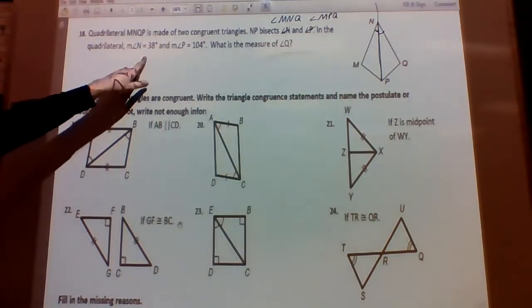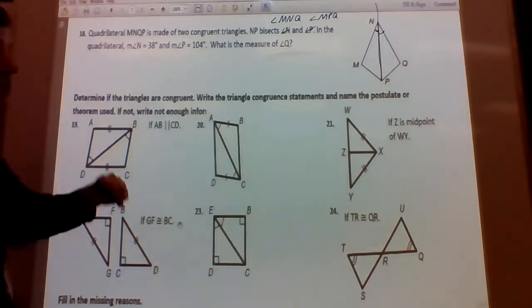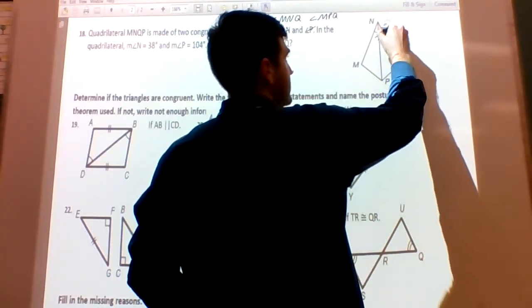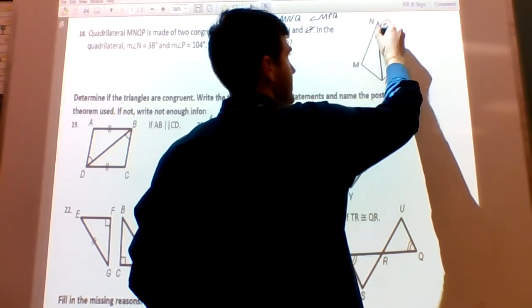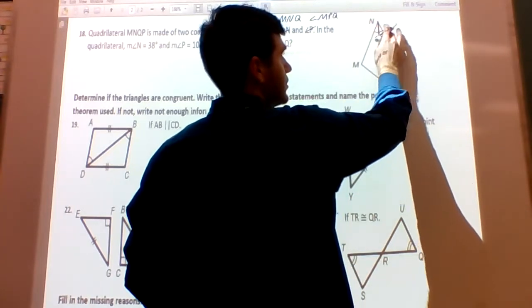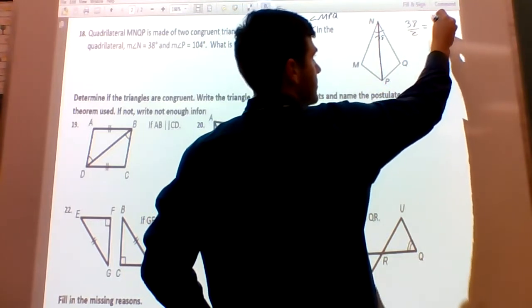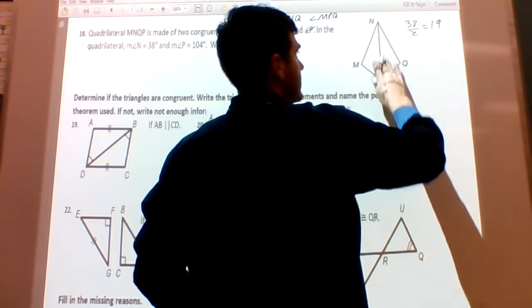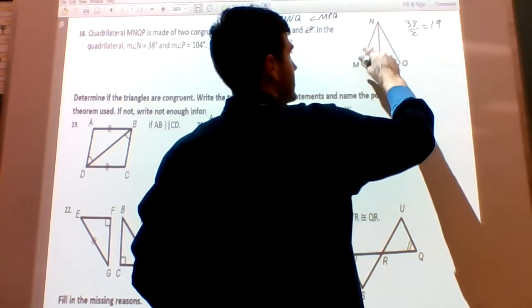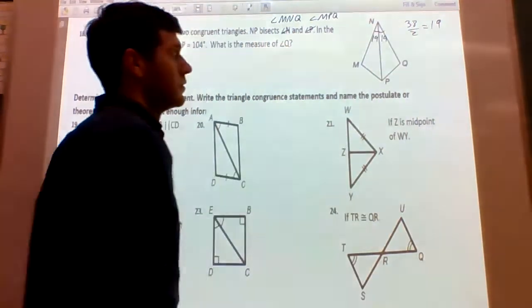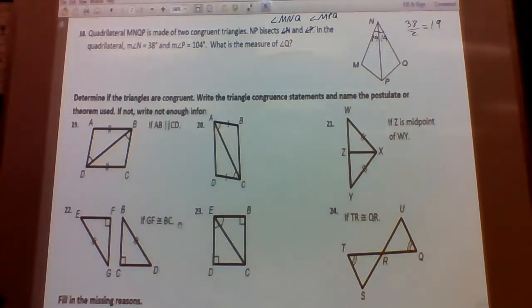The measure of angle N was 38, so the bisector splits it into two congruent pieces. 38 divided by 2 is going to be 19. So we have 19 and 19. These two angles are congruent. The bisector splits the angle in half.